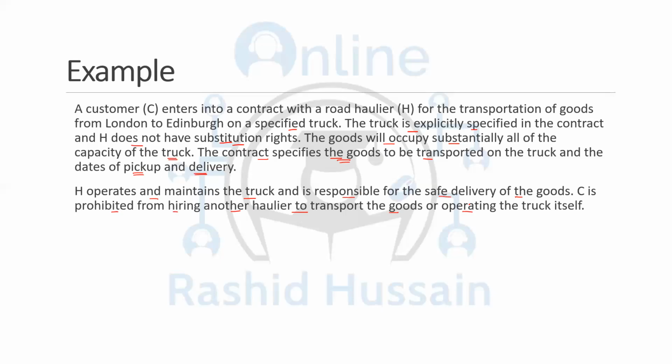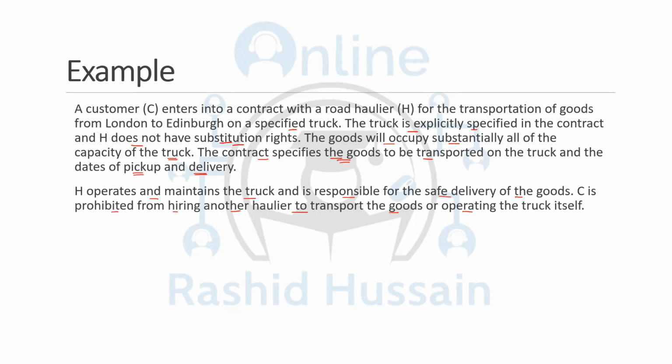So is this a lease contract or a contract for service? So yes, it's a contract for service. The reason is that although the asset is identified, that means specifically mentioned within the contract, the goods are being specified.